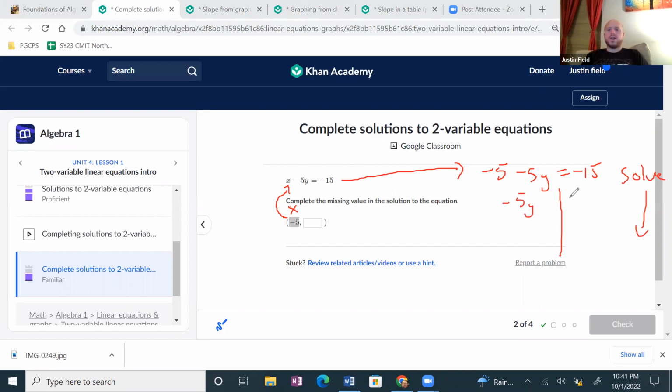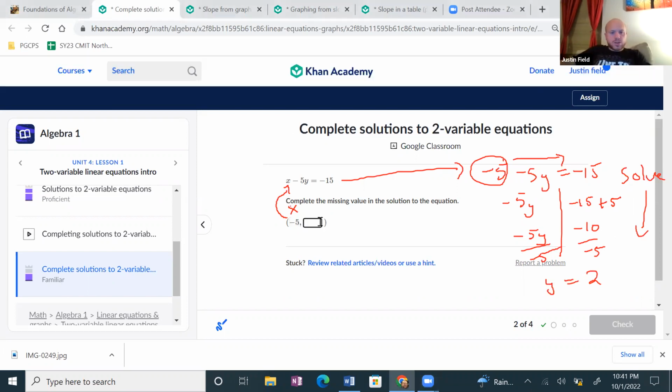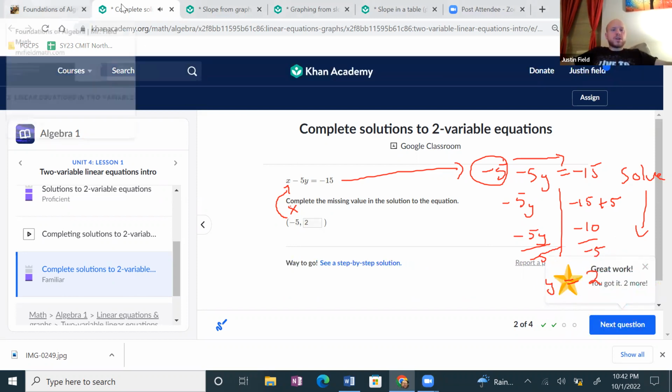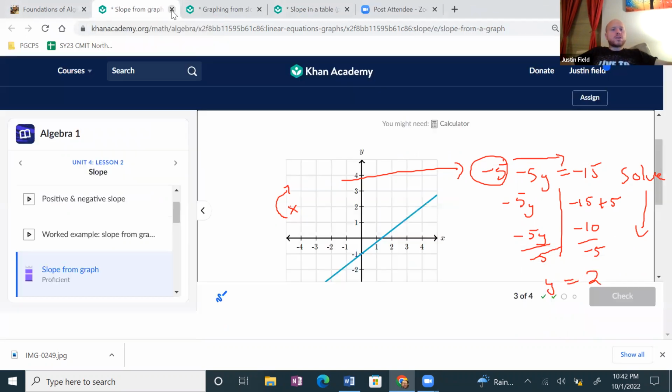Over the line, change the sign. We know that, so we're going to make it a plus 5. So this guy is going over the line. Negative 15 plus 5 is negative 10. Divide by negative 1. And you get 2. Y equals 2. So let's try that out. 2. Is it right? It's right. Okay. So that's the first part.